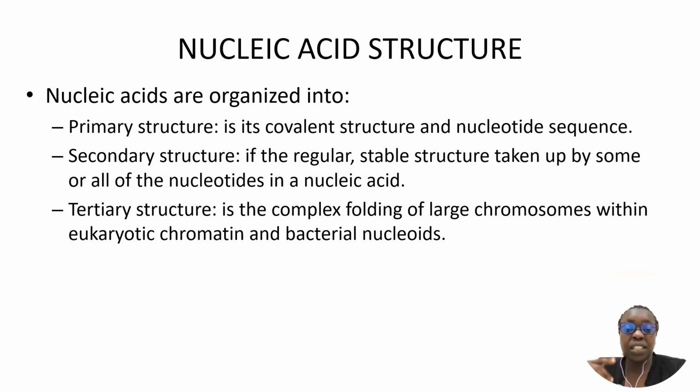And then we have the tertiary structure, the complex folding of the nucleic acid chain into chromosomes in the eukaryotes or in the bacteria. So unlike protein, it only has 3 levels of organization: the primary, the secondary, and the tertiary.